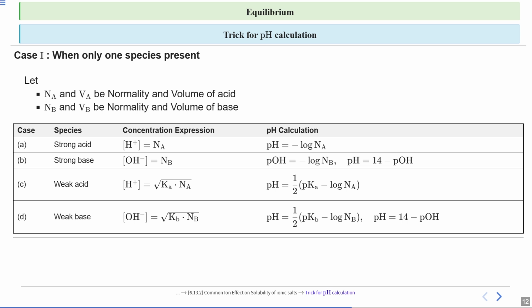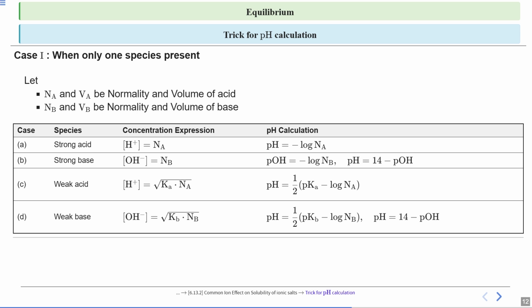Further, if you want to calculate the pH from here, you will simply take the negative logarithm of this Na. What about the base? In the case of base, Nb, which is the normality of a base, will be the hydroxide's concentration, and the negative logarithm of that Nb is your pOH. But you need to calculate the pH, so we'll subtract this thing from the 14.